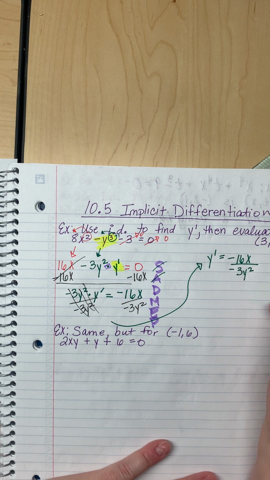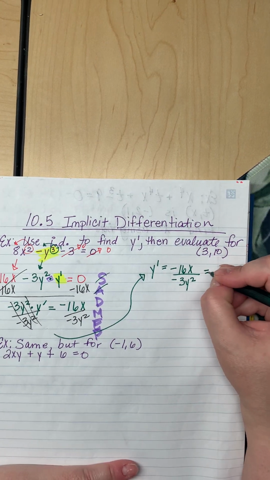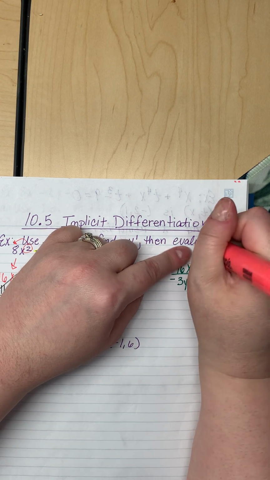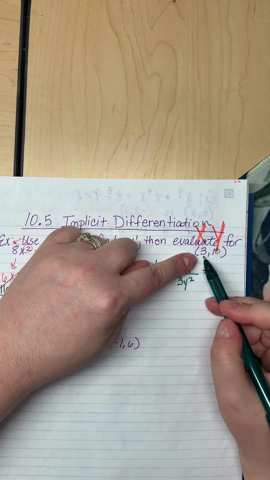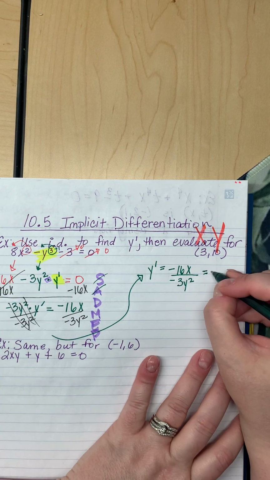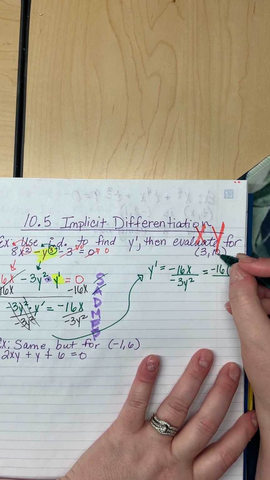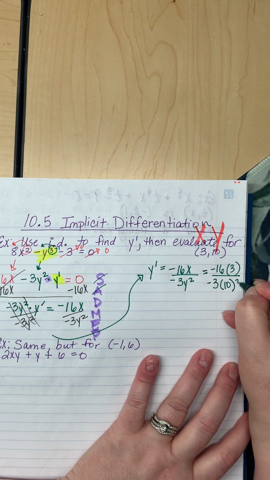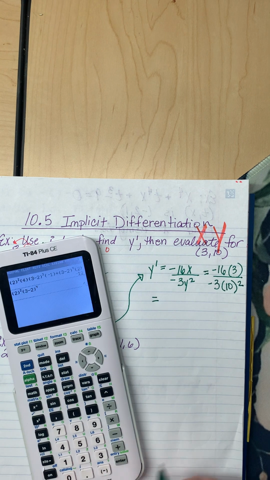Okay, the last piece of the problem was we have to evaluate it for 3, 10. This 3, 10 is x, y. So let's plug in 3 for the letter x and 10 for the letter y. And then we're going to use our calculator.